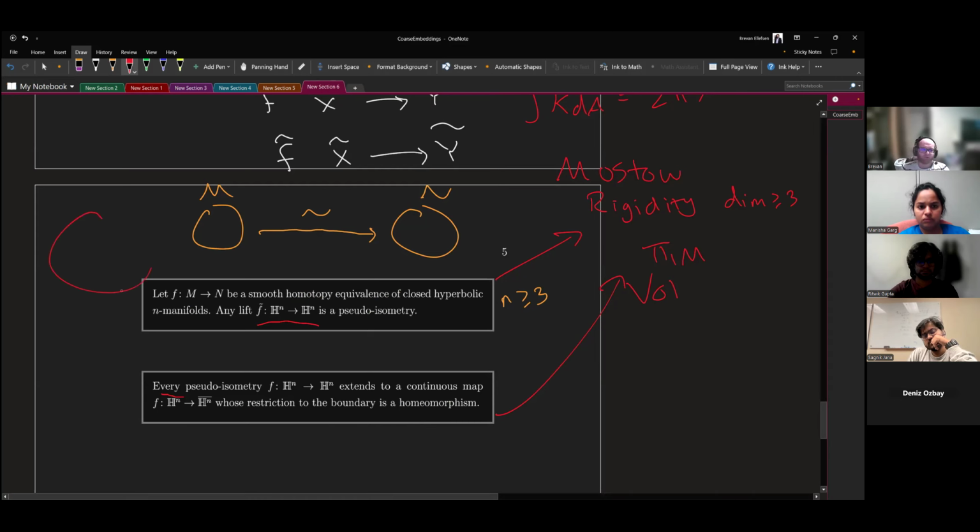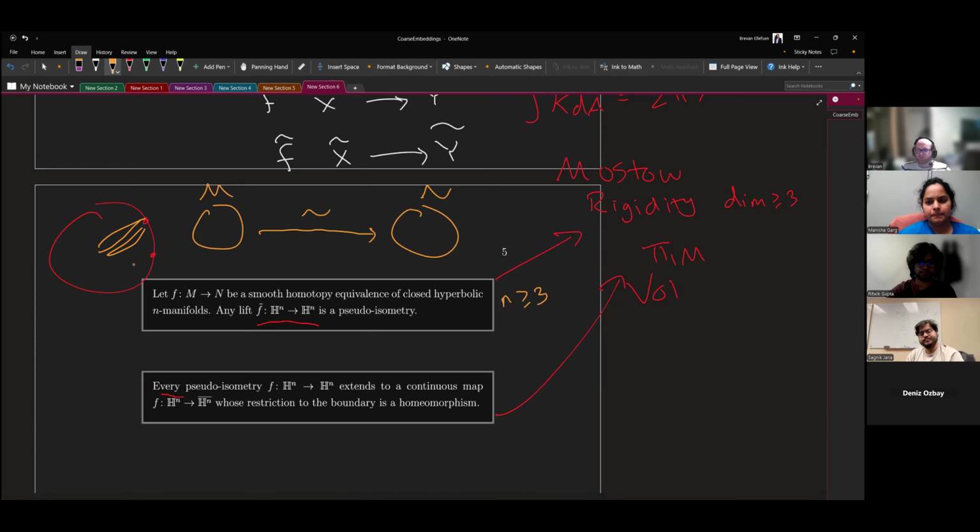In hyperbolic geometry, if this is like our Poincaré disk model, your points at the boundary here are going to be equivalence classes of geodesics, which come in towards this thing. And that is the definition of a boundary point, equivalence classes of geodesics.